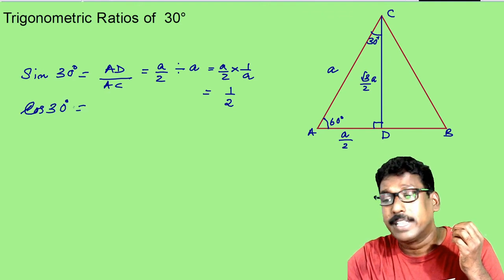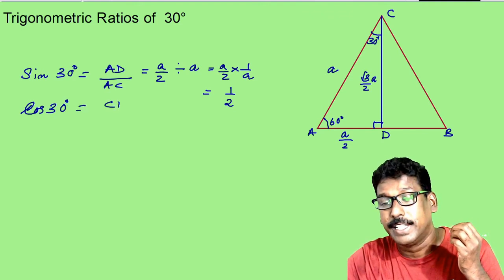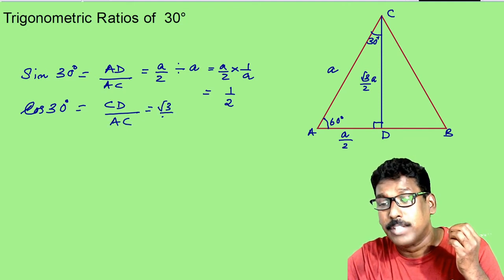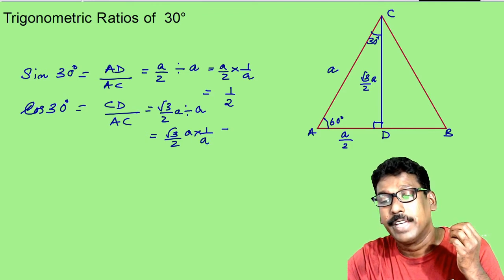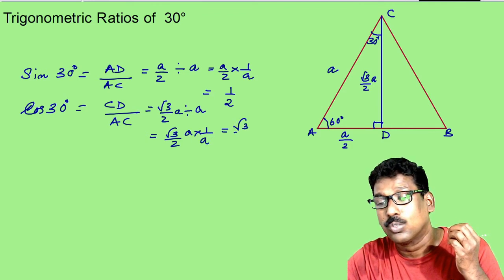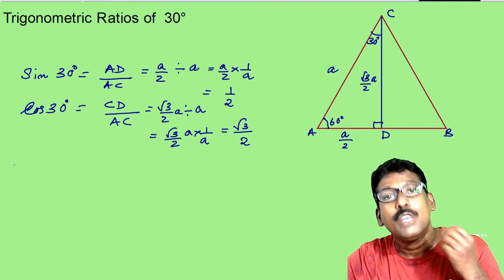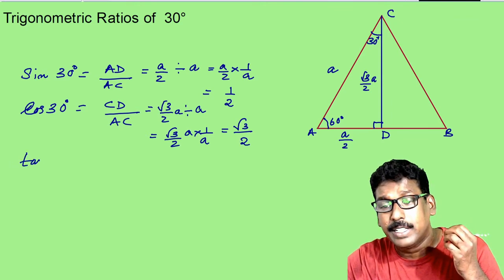Then what about cos 30? According to angle 30, the adjacent side is CD and the hypotenuse is AC. That is root 3 by 2a divided by a, which is equal to root 3 by 2a into 1 by a. The a cancels, you will get root 3 by 2. Now what about tan 30 degrees?